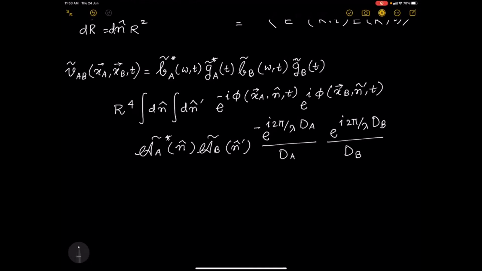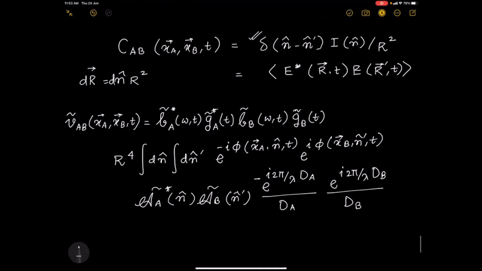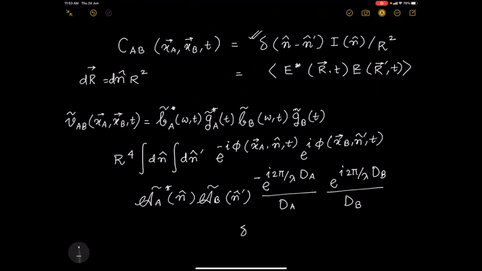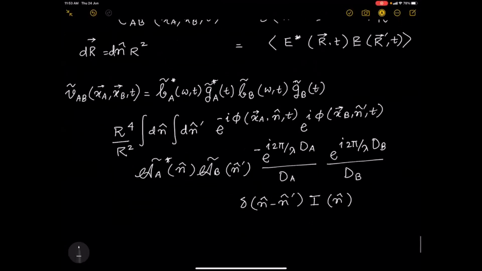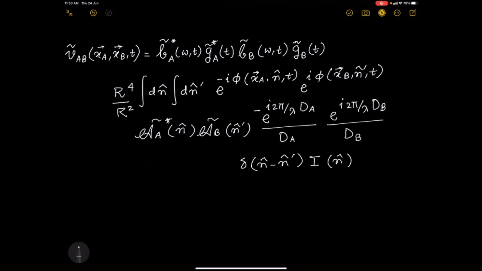And finally, I have the delta function contribution. So this is the integral that I really needed to do for doing the time correlation. 1 by r square, which comes here. Okay, so what all I have done is I have just collected all the term and written it down.